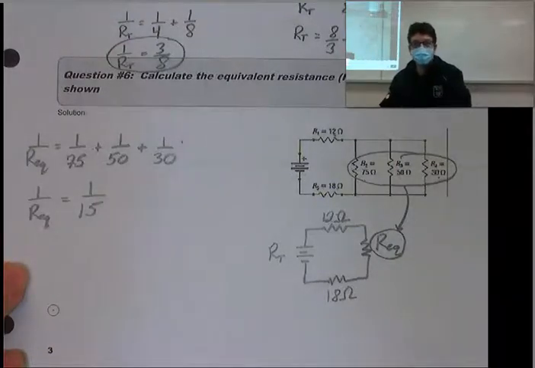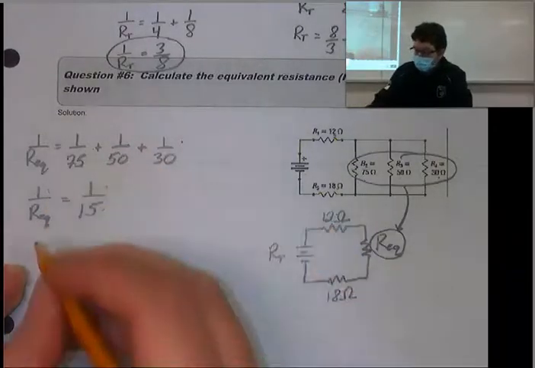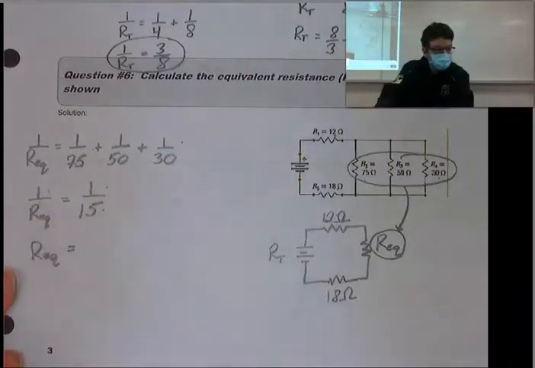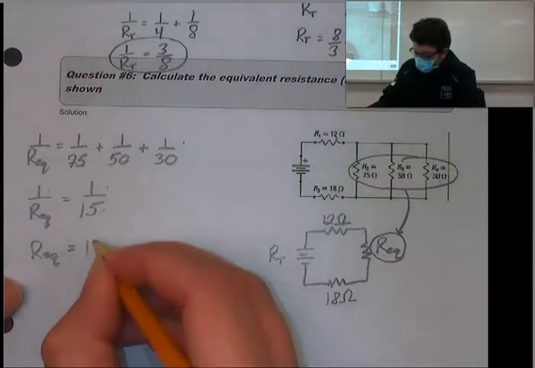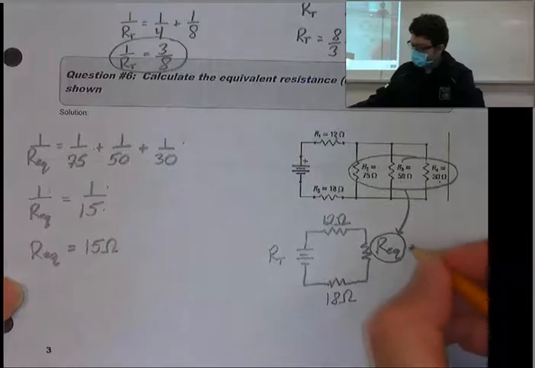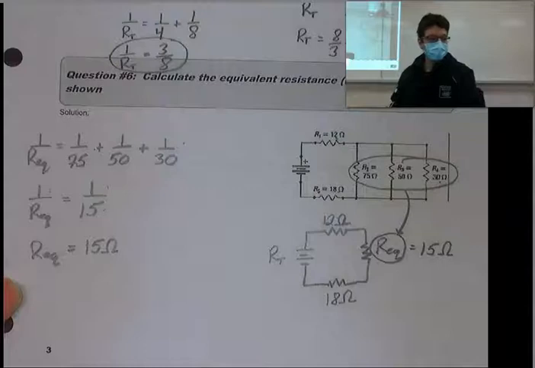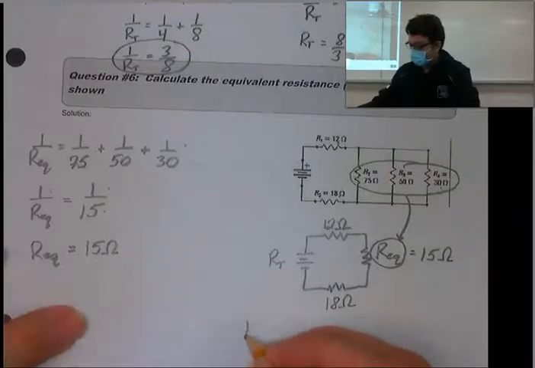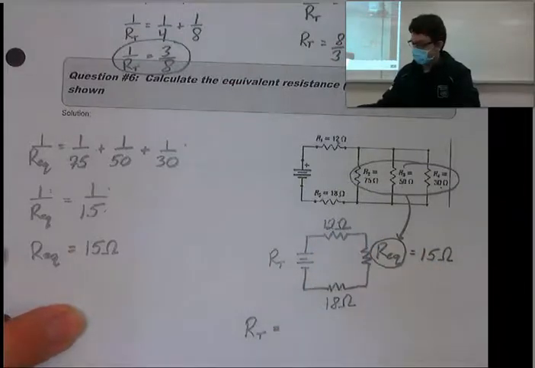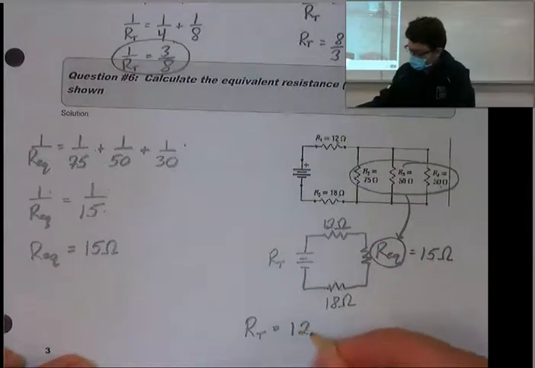That is not the equivalent resistance. You now need to take the reciprocal of both sides to get REQ equals, right? So when you flip this, you get an equivalent resistance of 15 ohms. So now we know this is 15 ohms. Once we know that's 15 ohms, we can easily figure out our total for a simple series circuit by simply adding those three resistances, 12 ohms.